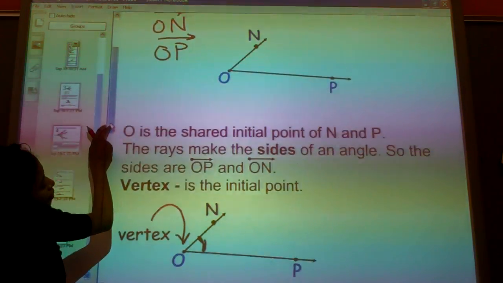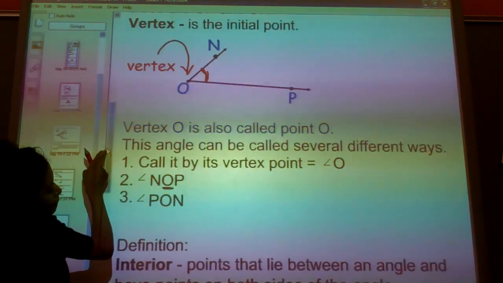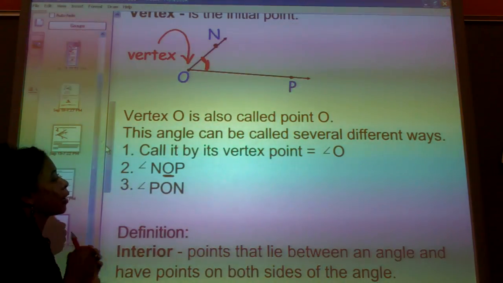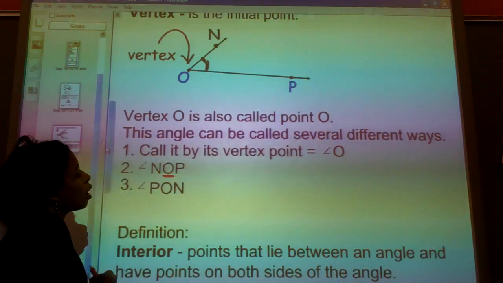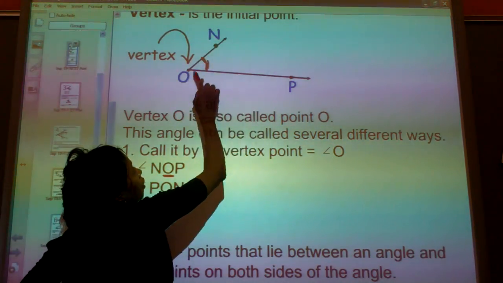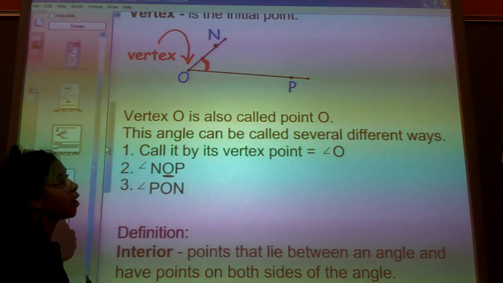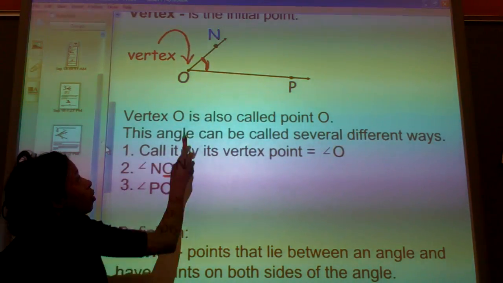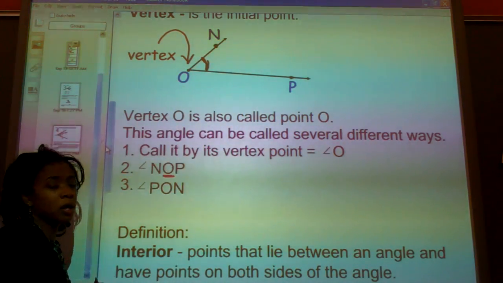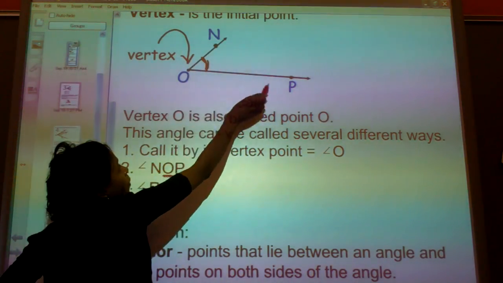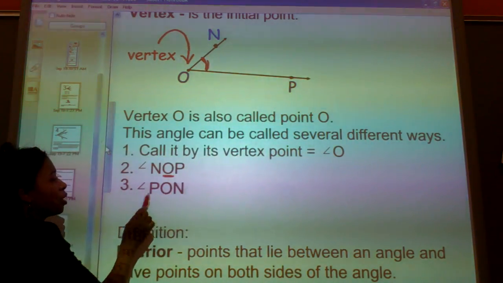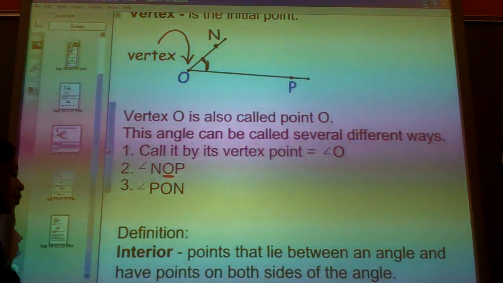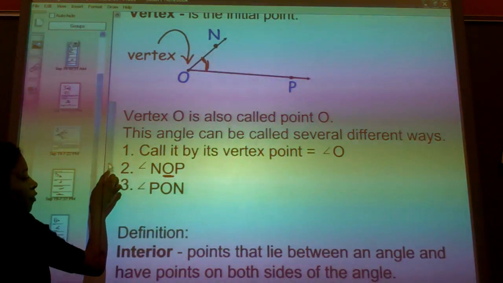The third way we can call this is angle PON. Again, that's the third and final way we can call this angle O. So angle O, one name, angle NOP when I'm referencing this angle, or angle PON. Some more definitions for you.